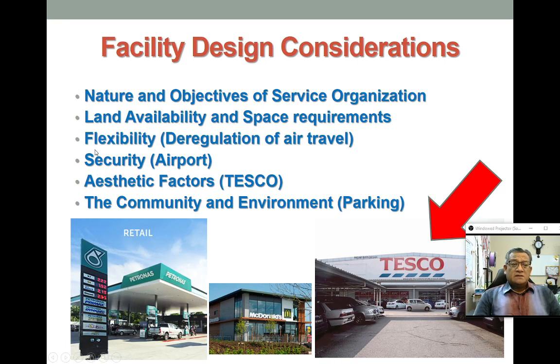That is what they call flexibility. So as a designer of an airport, you must consider traveling, for example, from a big airport like KLIA, and then later the customer will go to a smaller airport like KLIA 2. So that is what they call flexibility.